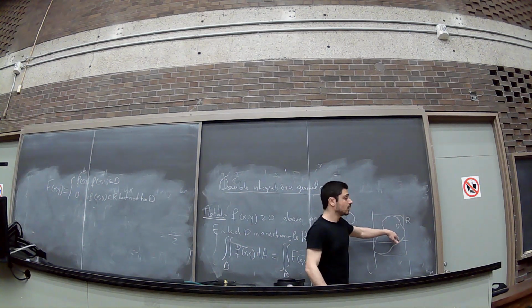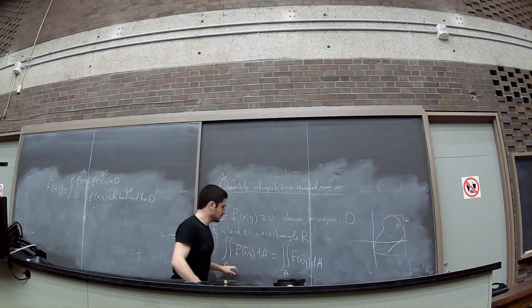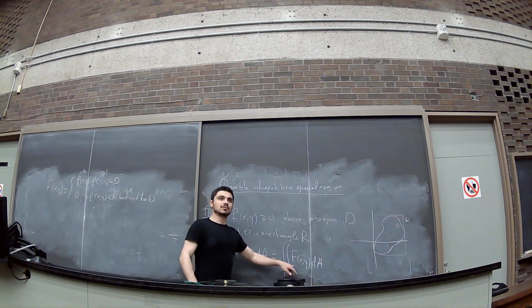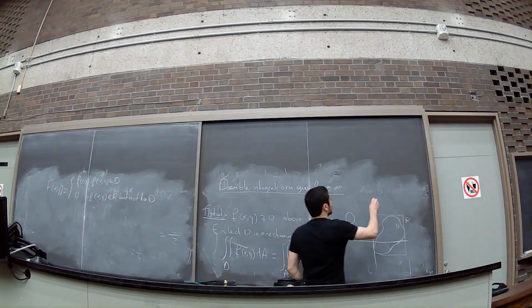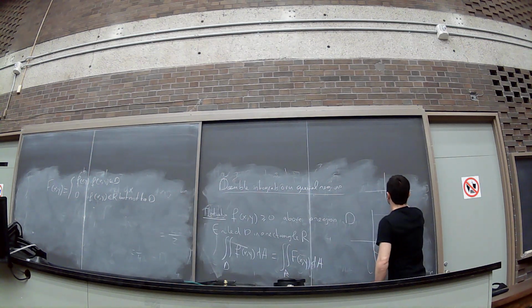What do you expect the double integral over D to be? This is just the double integral of big F on R is just this one. Let's do something on the real line. a, b.